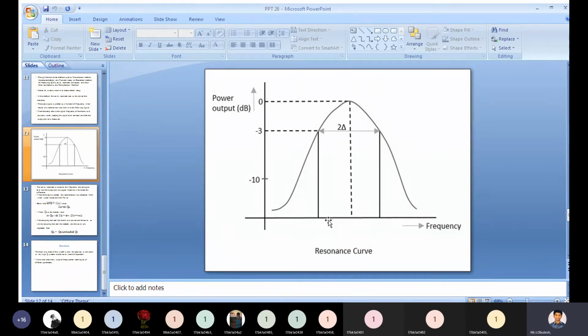From the above setup, the signal frequency of the microwave source is varied, keeping the signal level constant, and then the output power is measured. You need to keep the signal level constant, then note down the output power.